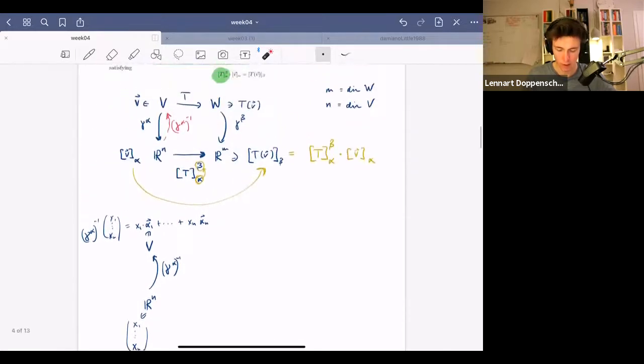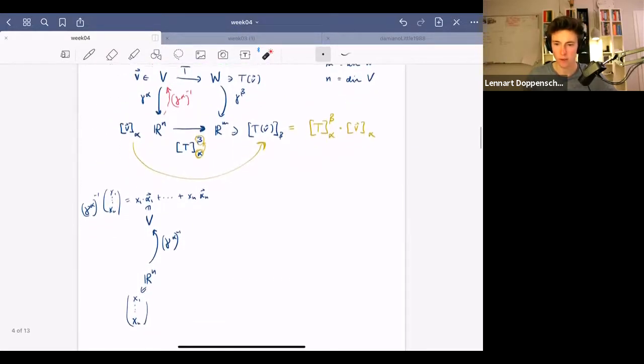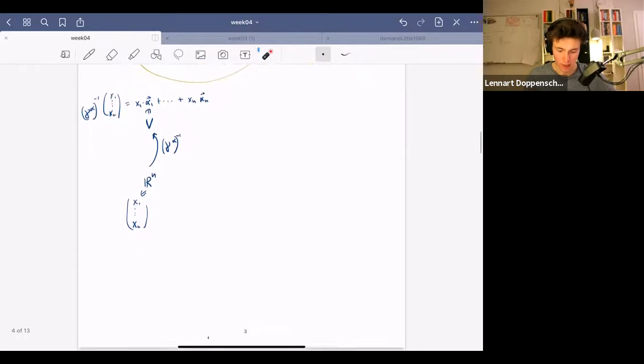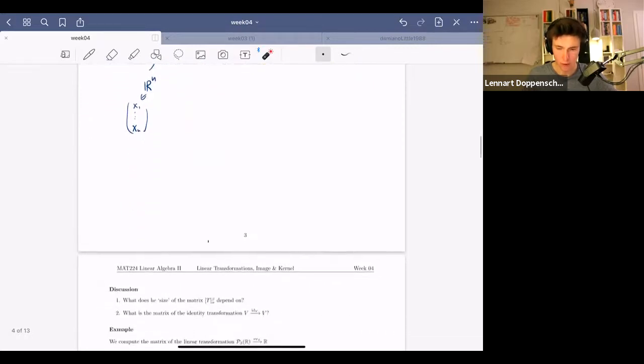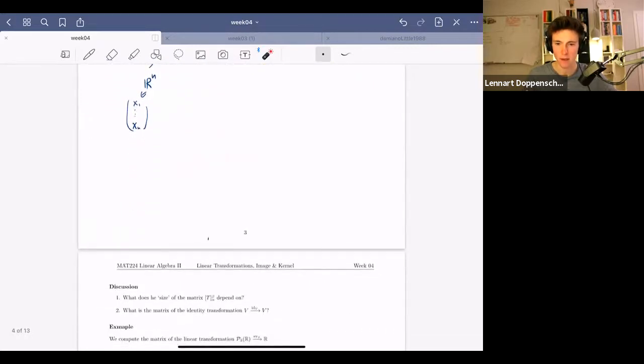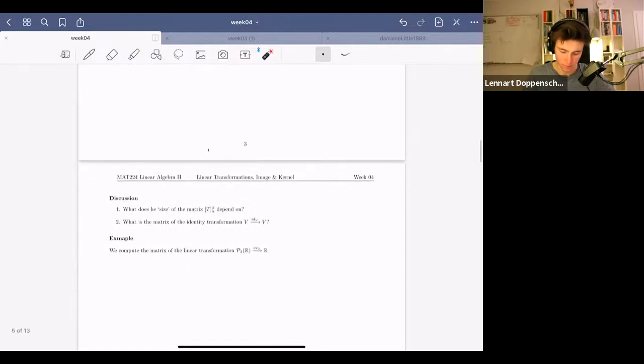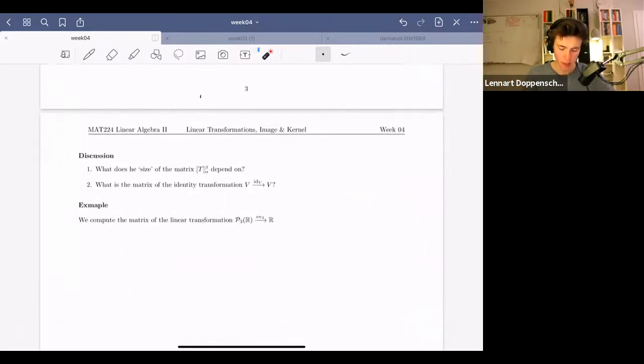And we're going to use this a few more times, because this first half is really about this idea of transformations and matrices. That's the key idea in this first part. Let's just do this discussion right away, because I think it's easy enough.